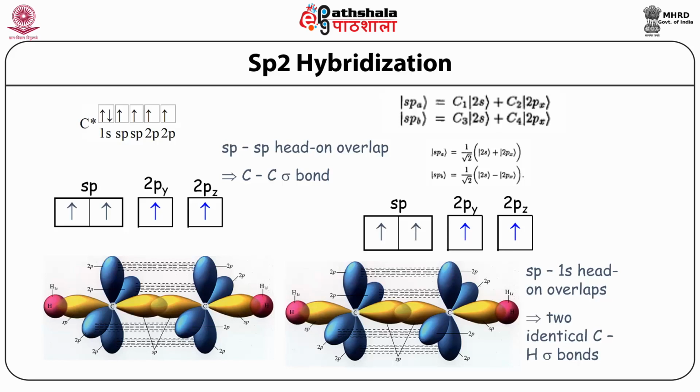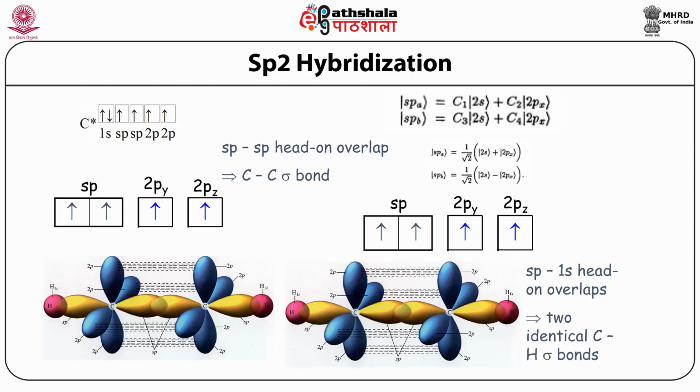The last equation is given by the fact that the sum of 2s components in spa and spb is unity, and the solution of above equations gives us c1 equal to c2 equal to c3 equal to 1 by root 2 and c4 is equal to minus 1 by root 2. So the equations become spa is equal to 1 by root 2 (2s plus 2px), spb is equal to 1 by root 2 (2s minus 2px).